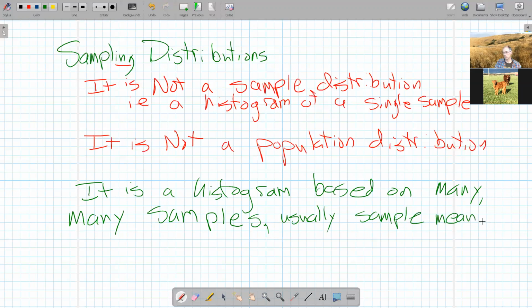But it could be for a sample standard deviation or a sample proportion. So a sampling distribution is often a distribution of sample means, for us, that'll happen most of the time, or it could be a distribution of sample proportions.